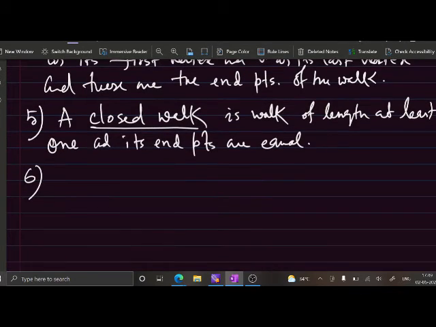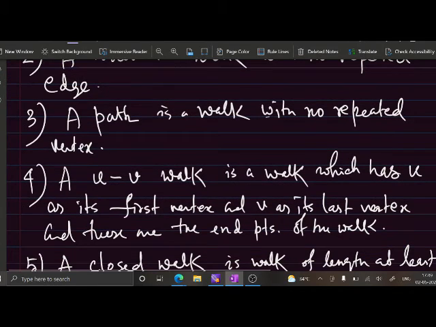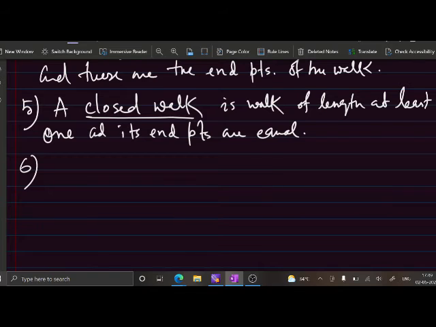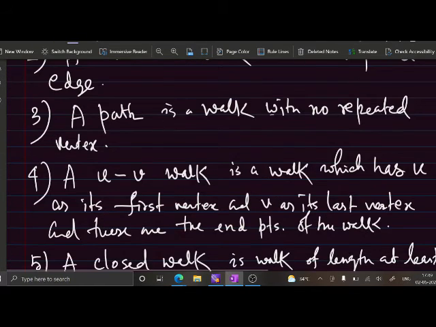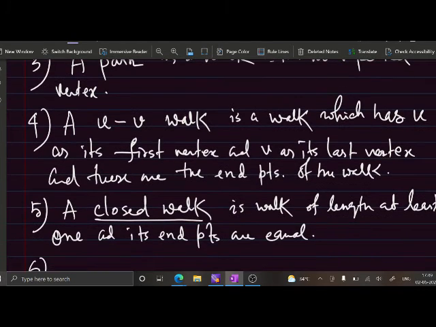Along this line, you can define a closed path. A path is a walk with no repeated vertex. And what does it mean by a closed path? That means their endpoints are the same, and there are no other repeated vertices in the path except those endpoints.